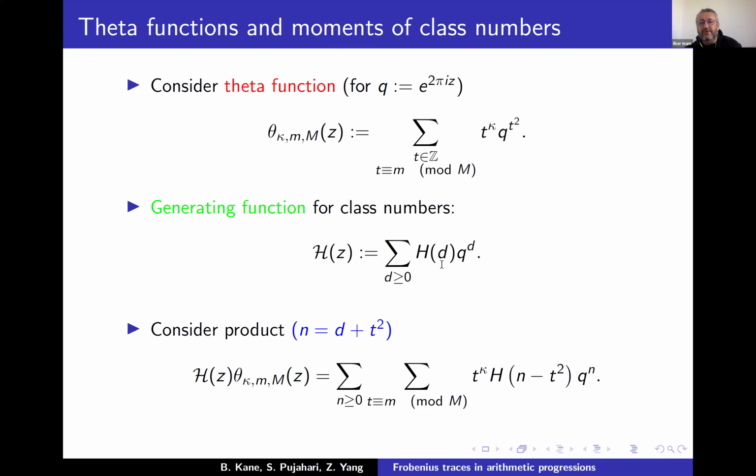They don't have any poles either after we add in the piece. They're still real analytic, with no singularities. The class number generating function is basically like an Eisenstein series, and the theta function is also kind of like an Eisenstein series for kappa equals 0, but for higher kappa it sort of vanishes like a cusp form.